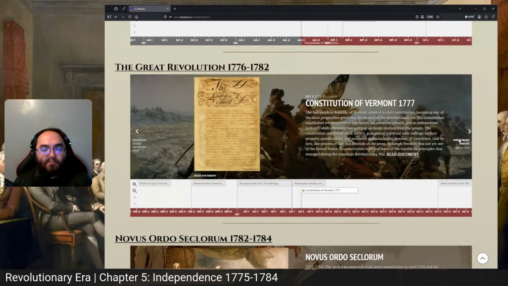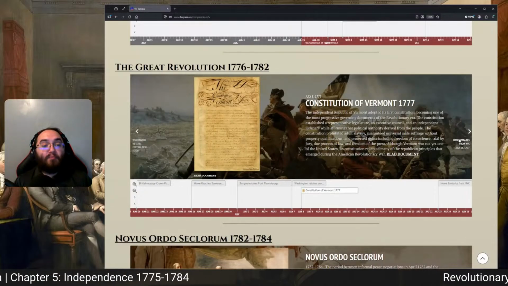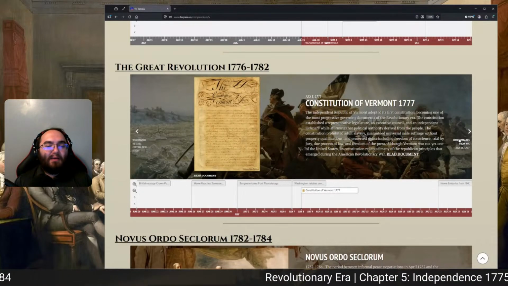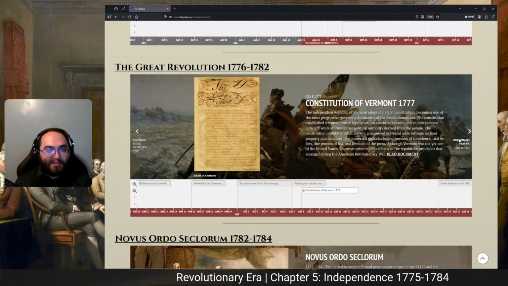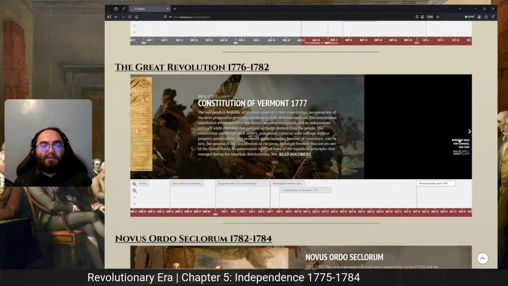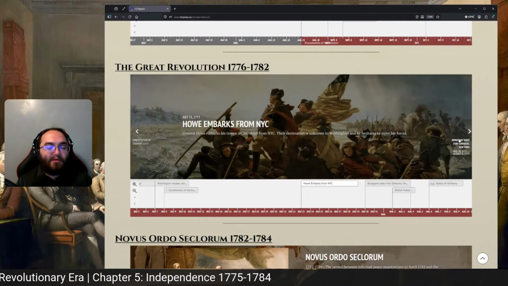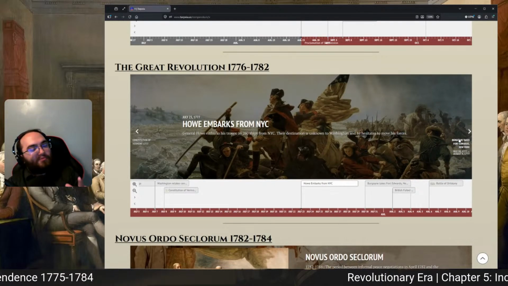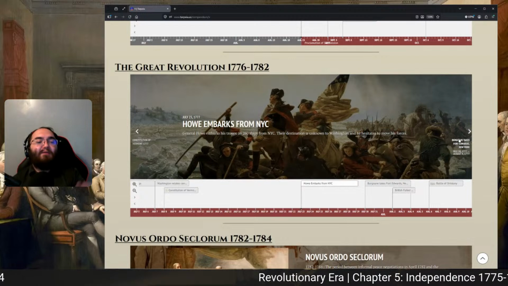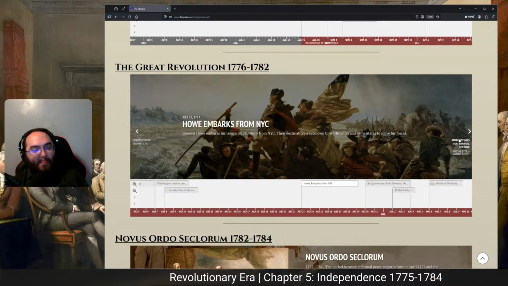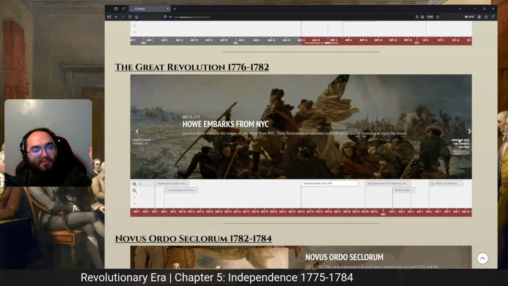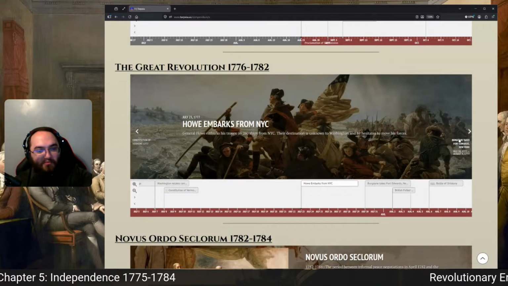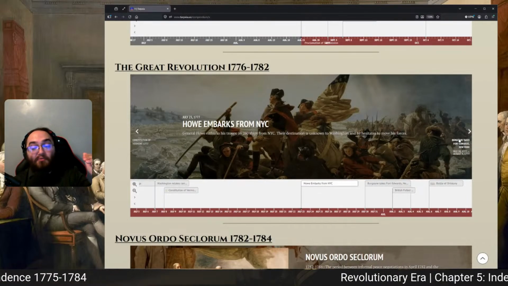And the Constitution of Vermont. So Vermont is actually the 14th colony. We have the original 13 colonies, but Vermont will be doing its own thing separate from the other 13 colonies, while also fighting the British. And so this is the terrible decision of General Howe. He embarks from New York City, not to aid Burgoyne, who is in upper state New York, near Fort Ticonderoga.